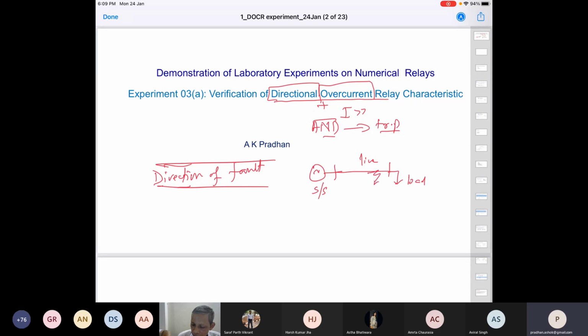Any fault that happens will cause a large amount of current, because the loop impedance is much smaller than in the normal situation. This current will be detected by the relay looking at this. This is a radial system. We call it a radial system because the power flow direction is unidirectional here.